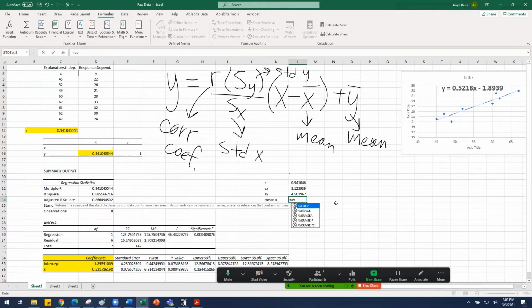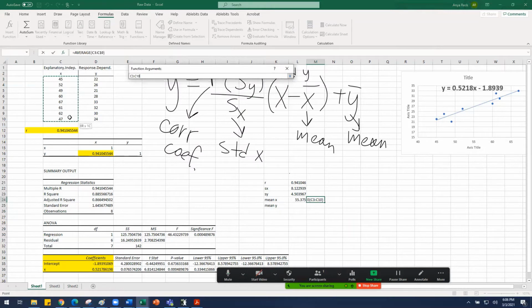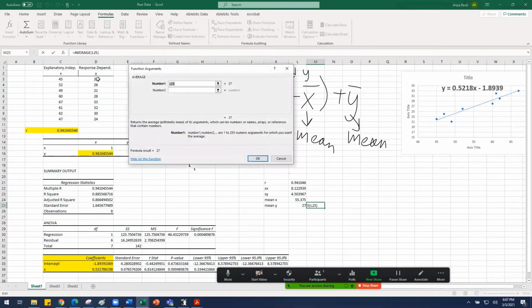So equal average of the X column. Or you can also go to Formulas, More Functions, Statistical, Average, and then highlight the X column. And then we also need to find the average for the Y column. You can also do Formulas, More Functions, Statistical, Average for the Y column, press OK.